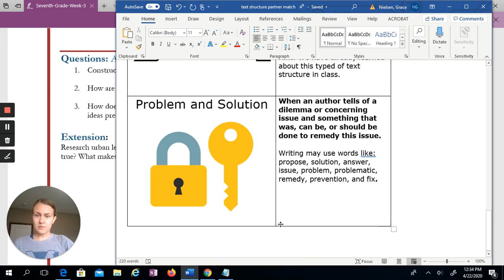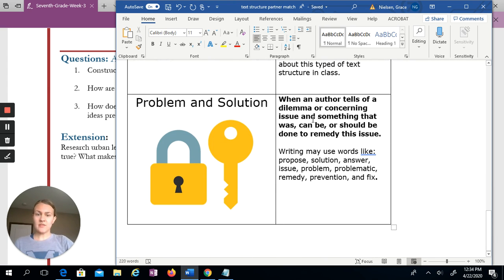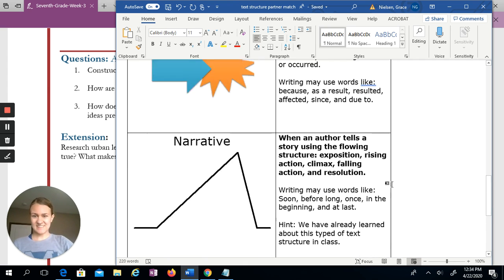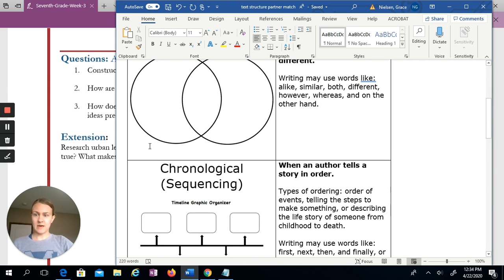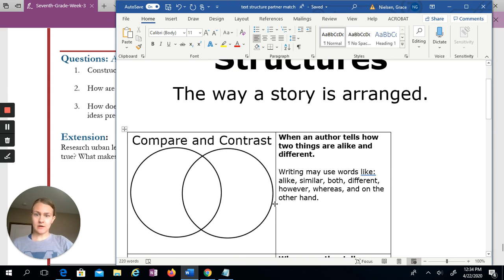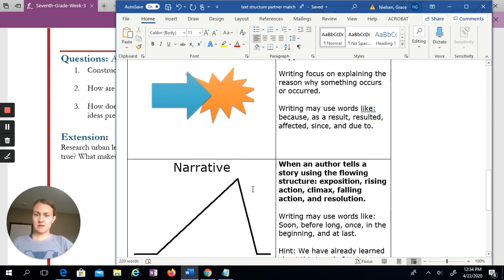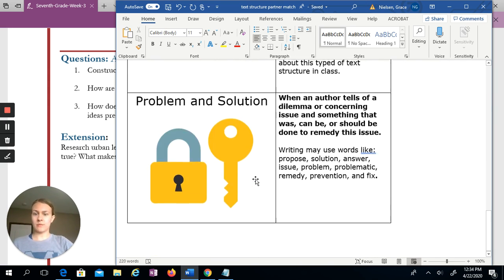Okay. Problem and solution: when the author tells a dilemma, writing on an issue that was, can be, or should be addressed to remedy the issue. Writing may use words like purpose, solution, answer, issue, problem, problematic, remedy, prevention, and fix. Up here, so is this problem and solution?